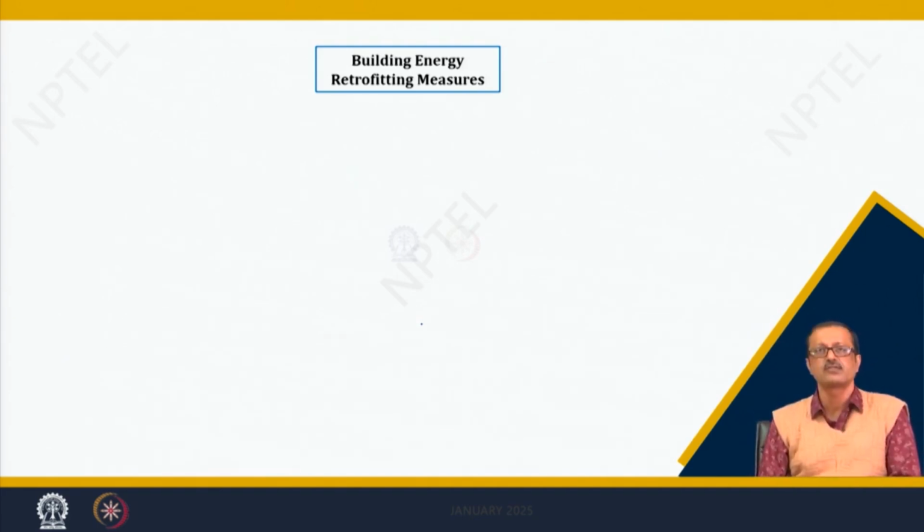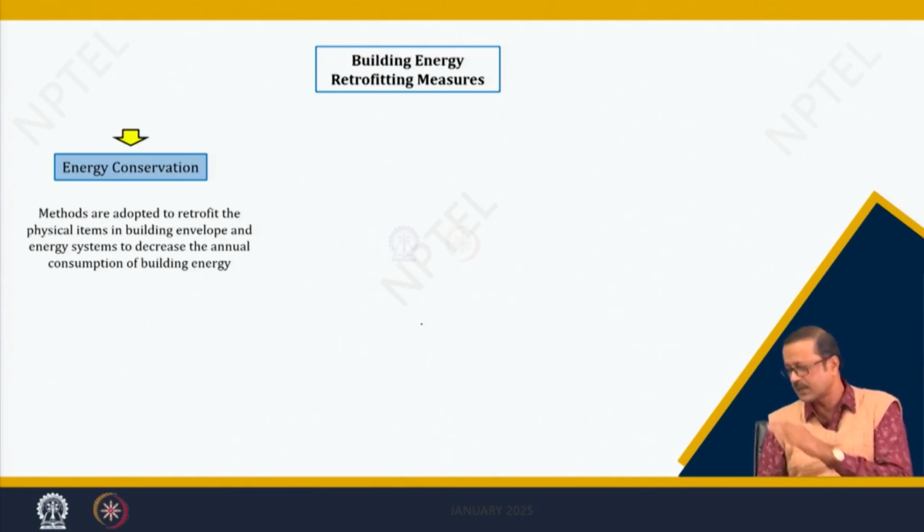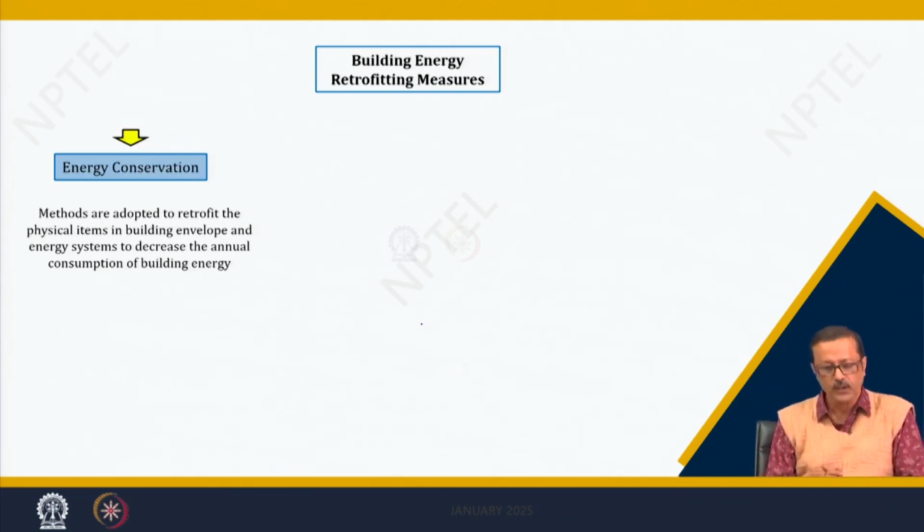So, building energy retrofit measures, there are typically 3 broad areas. The first one is energy conservation. There are some methods which can be adopted to retrofit the building by making changes in the physical items or members of the building.